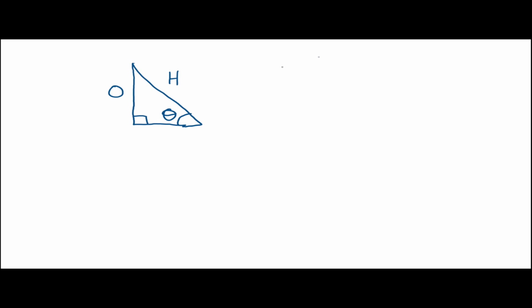And the way we would do it is by using our triangle here. So say we're trying to find the opposite side. We don't know what the opposite side is, but we've got the hypotenuse and we've got the theta.